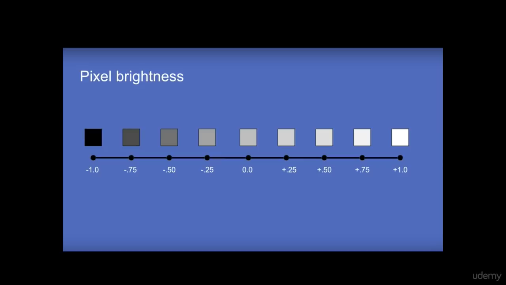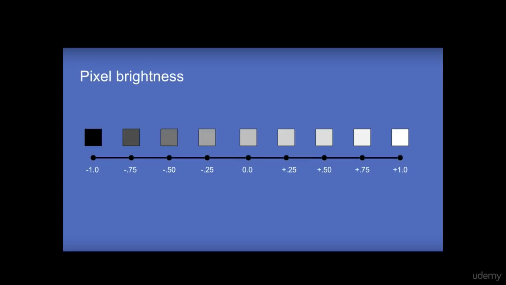We have to come up with an algorithm and allocate some type of algorithmic calculation or function to train that network to give us an output which we want. So, for example, in the particular image that we're using, we are allocating a number between 1.0 and negative 1.0 for the brightness.